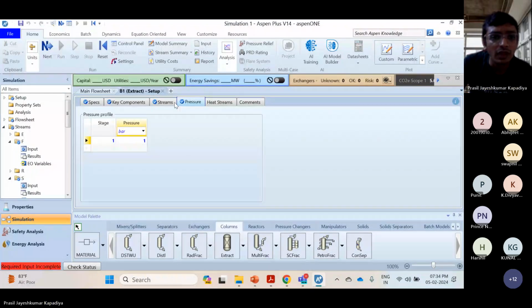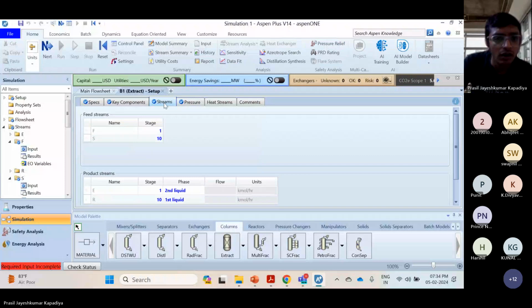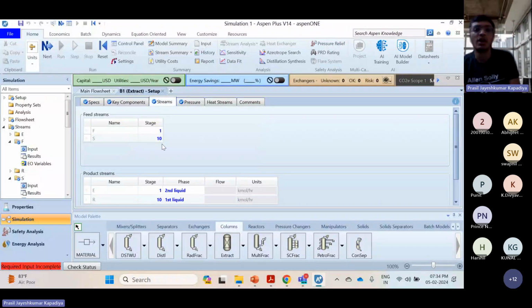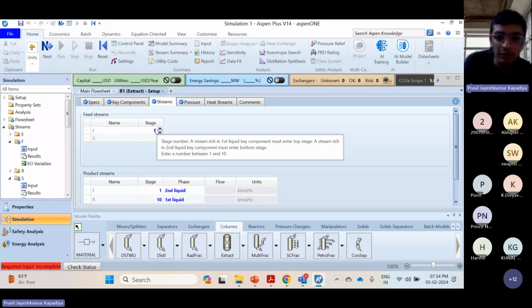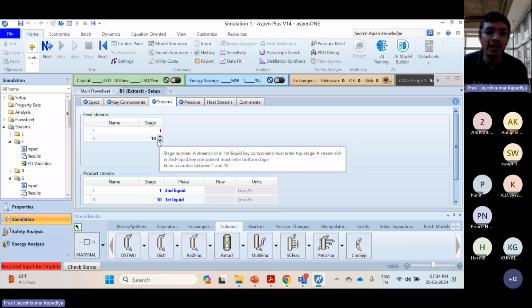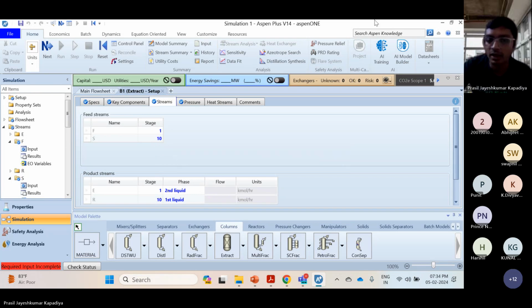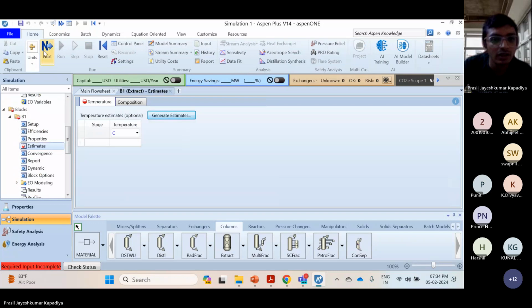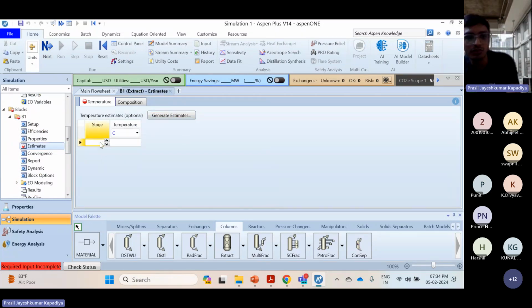Here streams. Feed is entering from stage number 1 and S is entering from stage number 10. So this is counter current operation, correct? Okay, next. What is left? Okay, temperature also we will give 25 degrees Celsius.